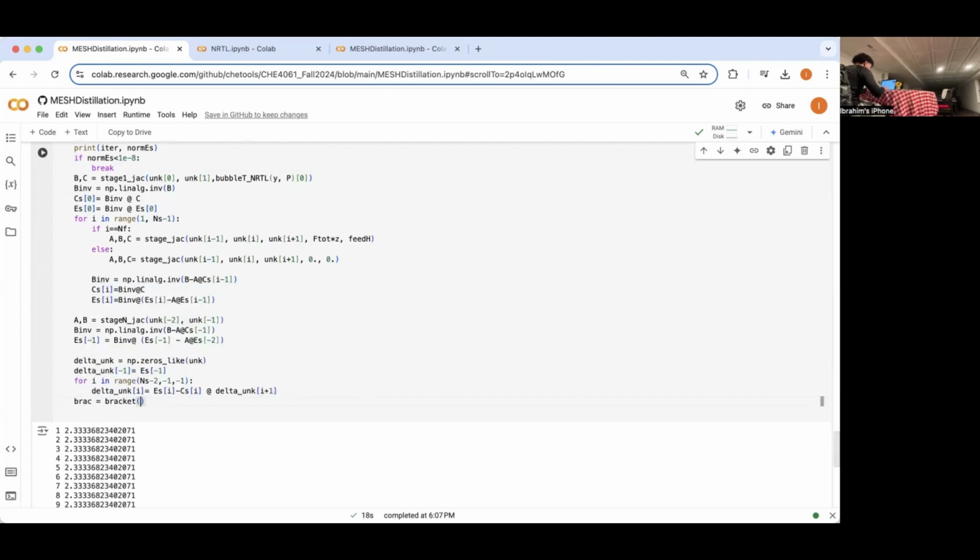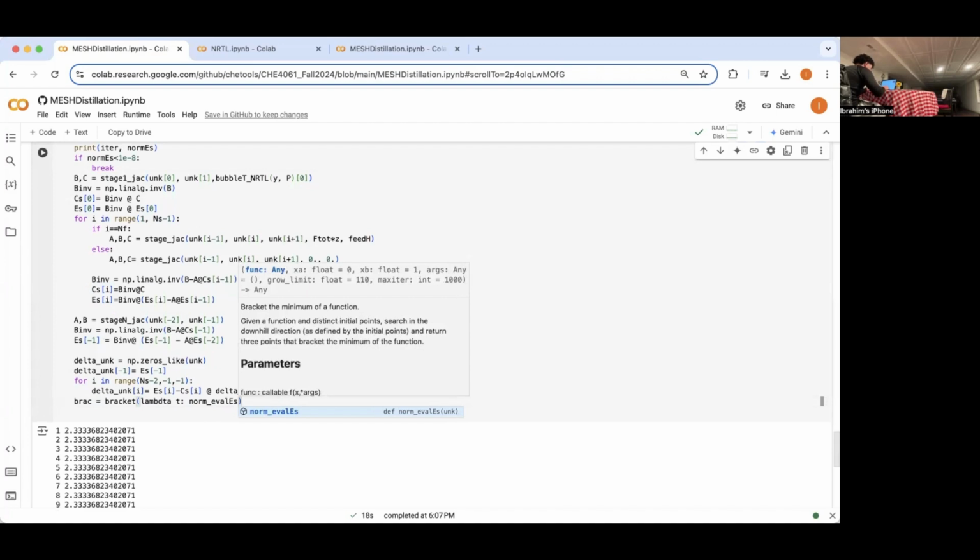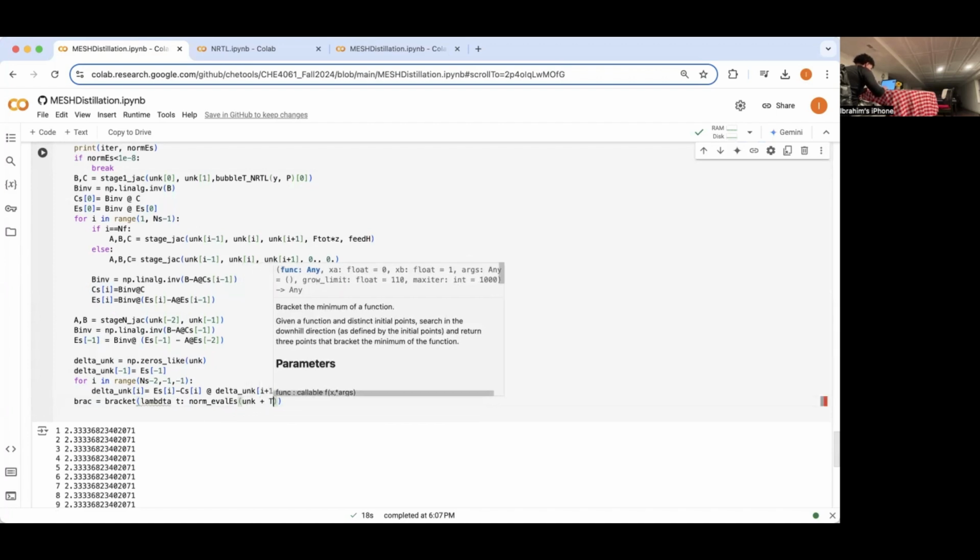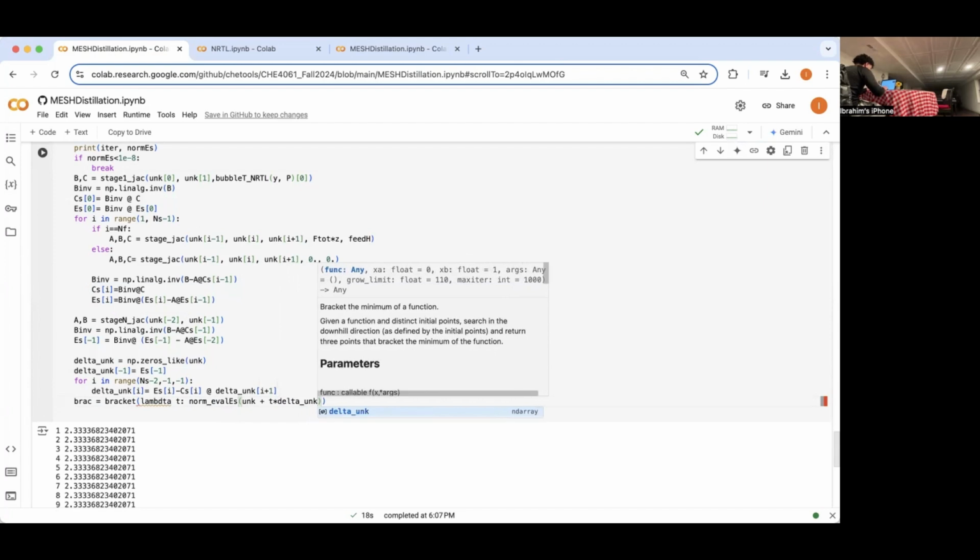So for lambda of t and then normalizing our residuals again, eval es for our unc plus t times delta underscore unc, and then this will be for our, oh man, blanking out here.